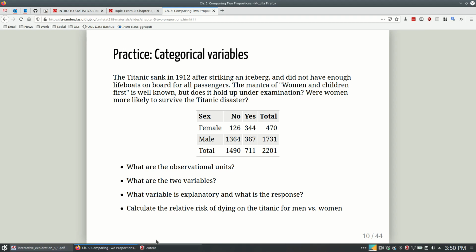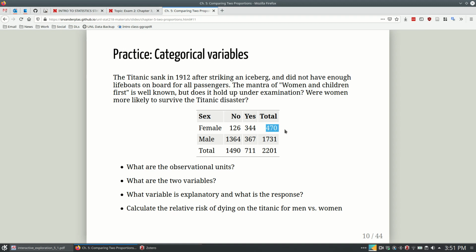Make sense? So for p hat, is it yes over total? Say what? For p hat, the numbers that you use, is it yes over total? So we're looking at the relative risk of dying, right? So again, this is a very tricky thing, you've got to read the question and then set your math up accordingly. Because we're interested in the risk of dying, we're going to take female deaths and divide by the total, right?